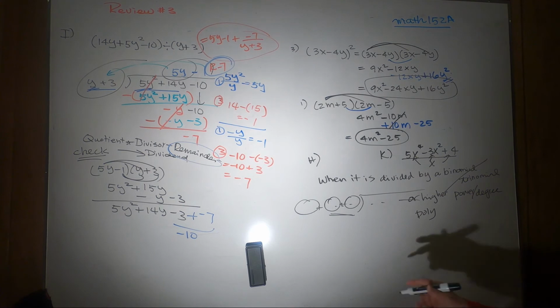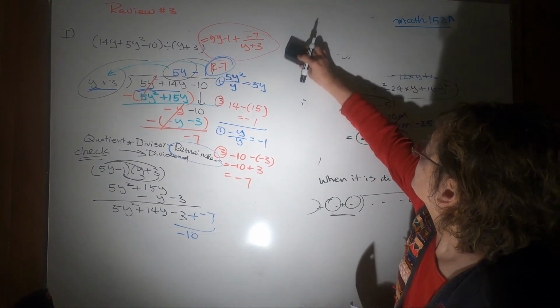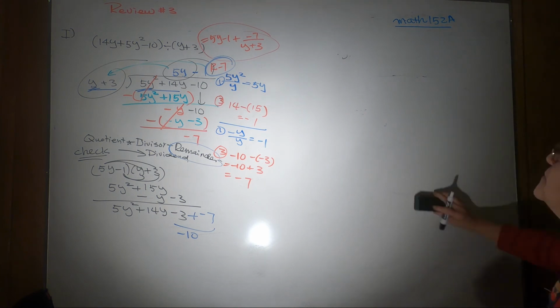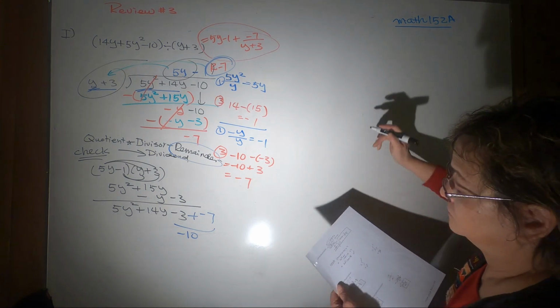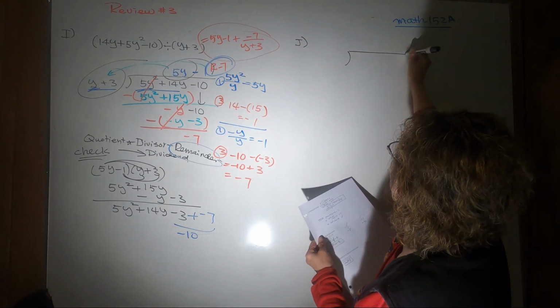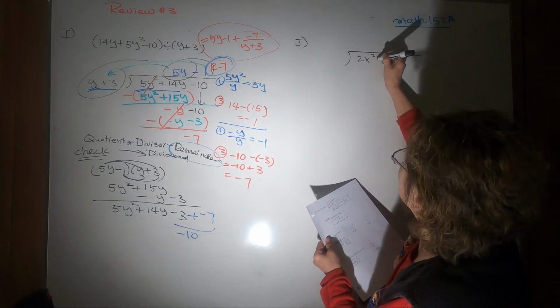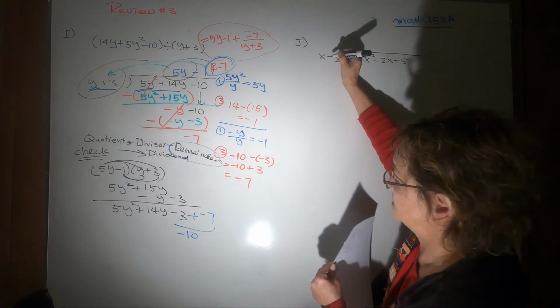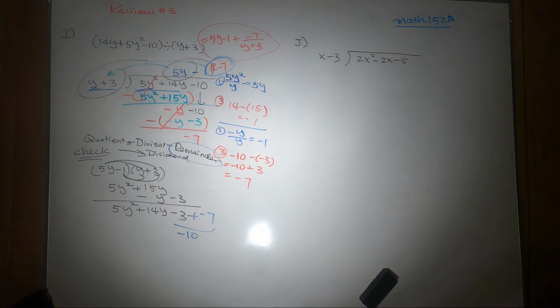We have one more for division. You better do it yourself. Okay, we have 2x squared minus 2x minus 5 divided by x minus 3, right?